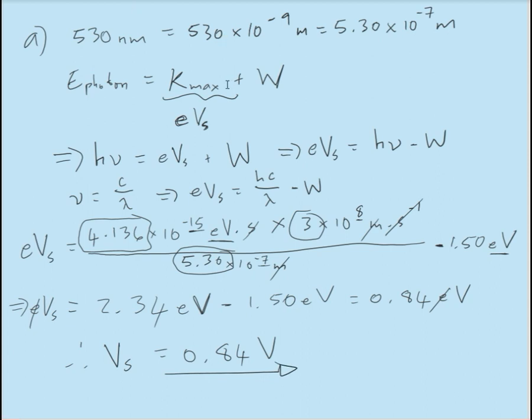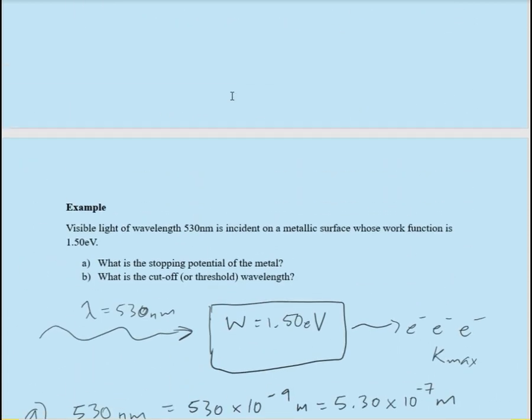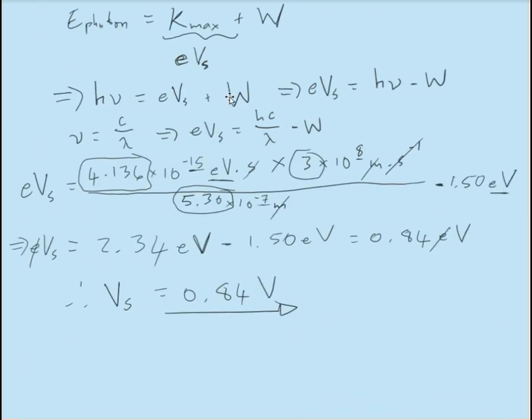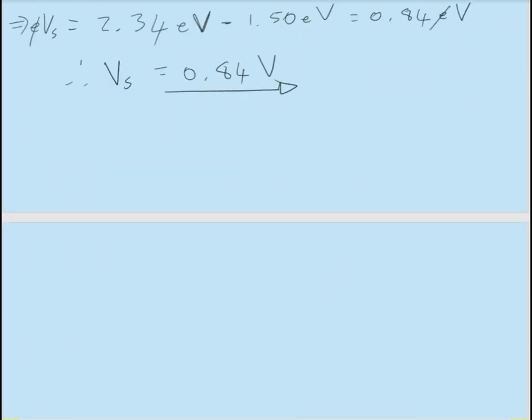Question B says, what is the cutoff or threshold wavelength? This is a straightforward answer here. Once again, we know that the relationship between frequency and wavelength is inverse, and the constant, of course, is the speed of light.